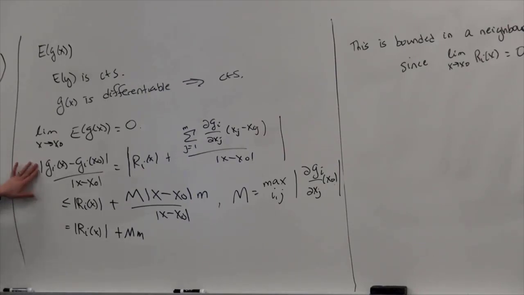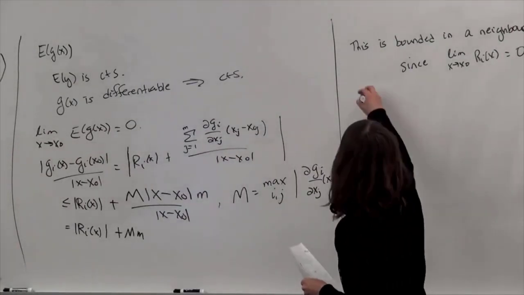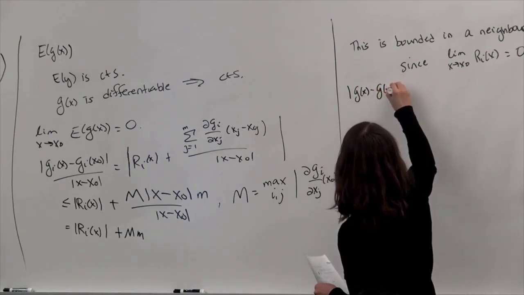Okay, so again, g was a vector valued object. Every component of this stays bounded. So the actual thing that we have is g of x, the length of all of this.